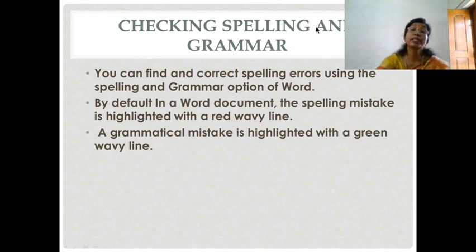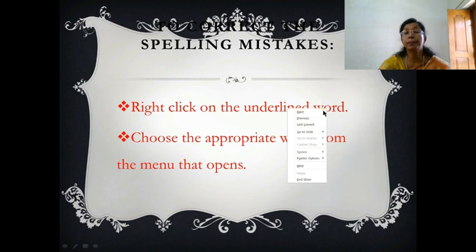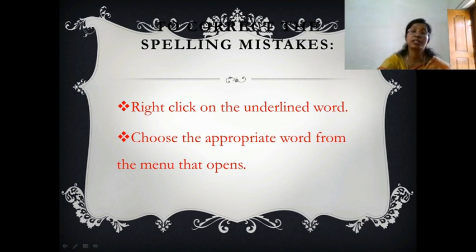Now, how to correct the spelling mistake? To correct a spelling mistake, click on the word. Right click on the word. As you right click, you will get a shortcut menu displaying various suggestions.